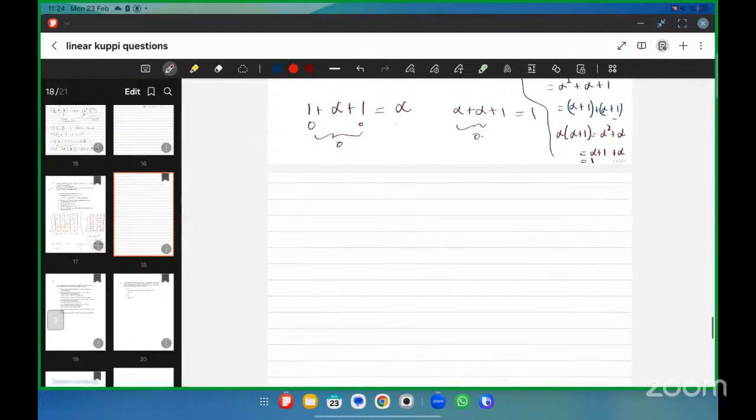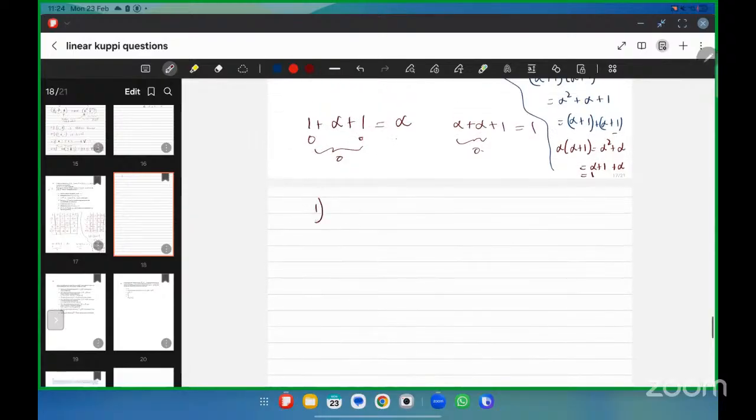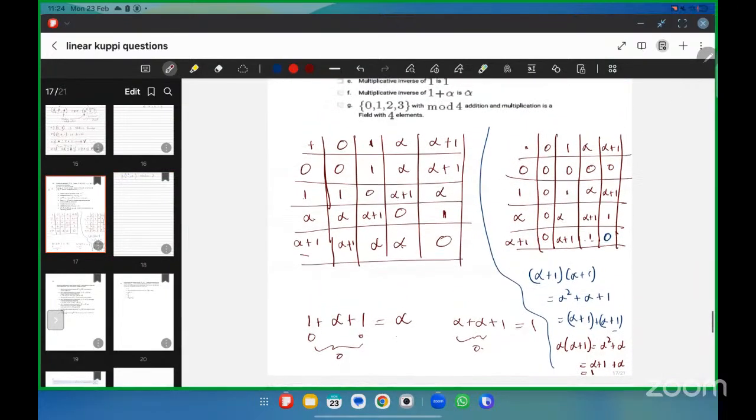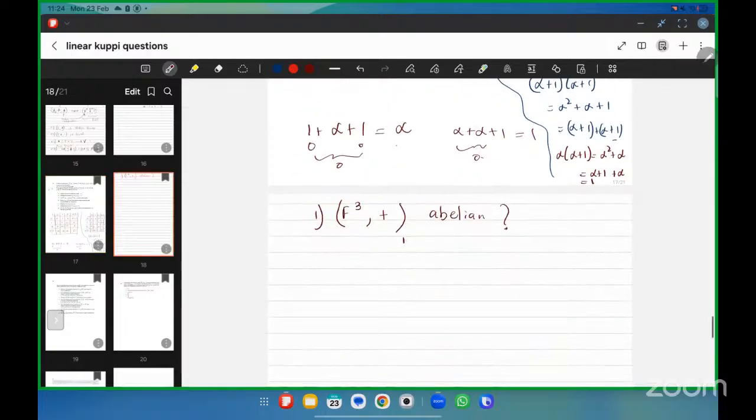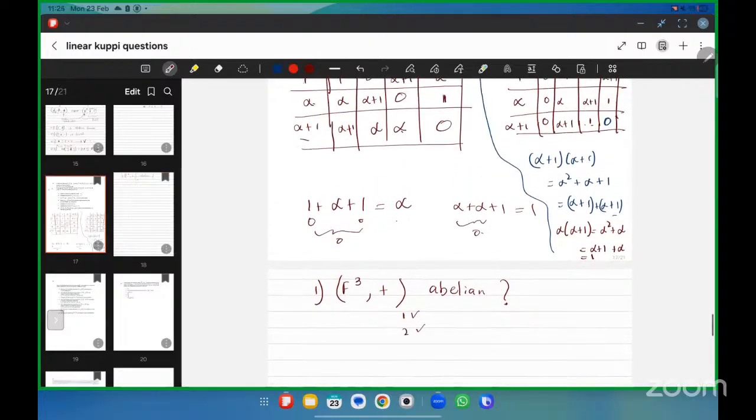So we'll go through one by one. First thing is F3, and the addition is an abelian group or not. It's non-empty, and the output is also the same set.